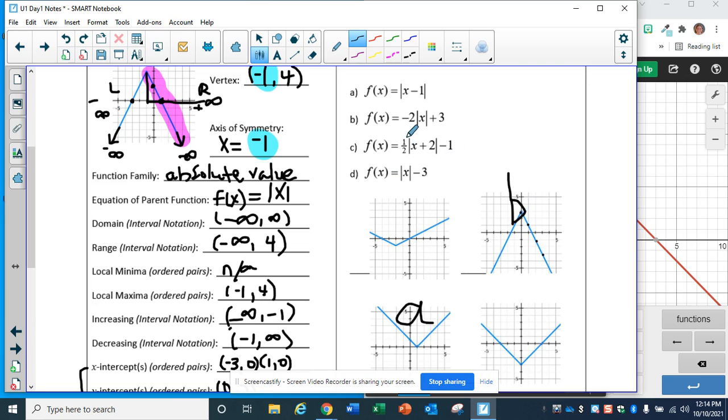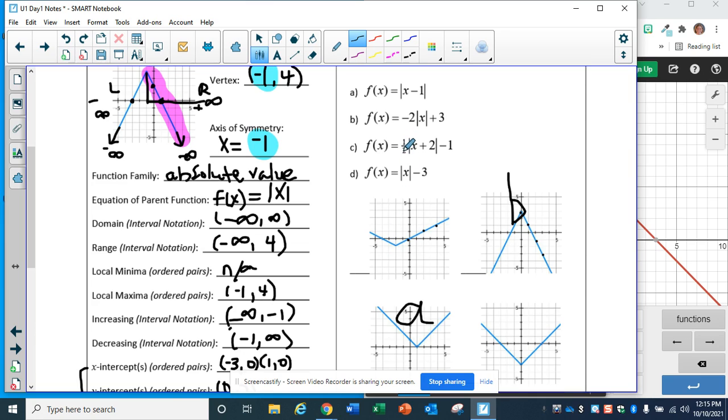To get C, here's my compression. It's flatter. So that would be this guy, right? The slope is 1/2. So I go up 1 over 2, up 1 over 2, up 1 over 2. It's wider, right? So that would be a vertical compression.